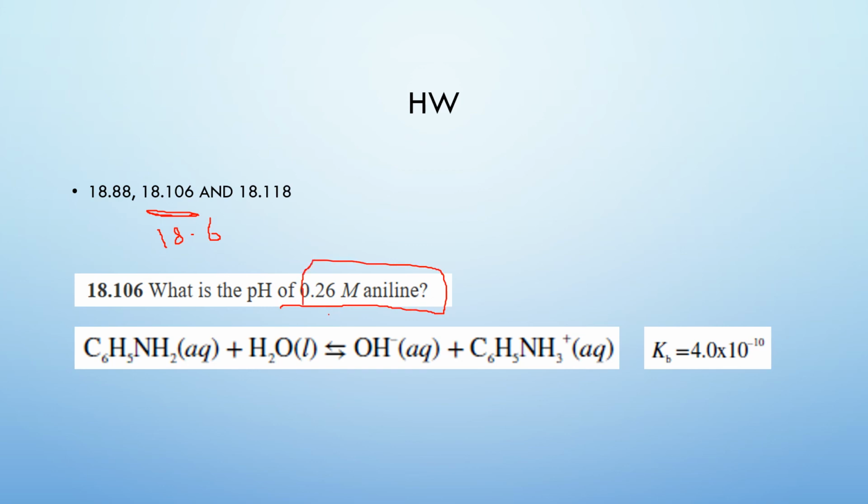In the textbook, the problem doesn't give you the formula or the equation and the Kb value for this amine, so I'm giving them to you right here. This is the equation you should use. You can see why aniline acts like a base, because it generates a hydroxide, and the Kb value is equal to this. Using this information, create the ICE table and calculate the pH of the resulting solution.